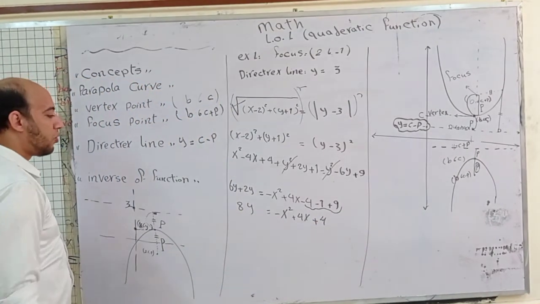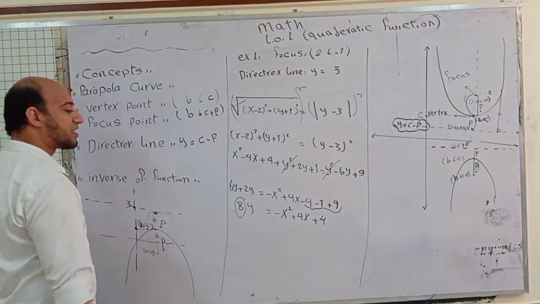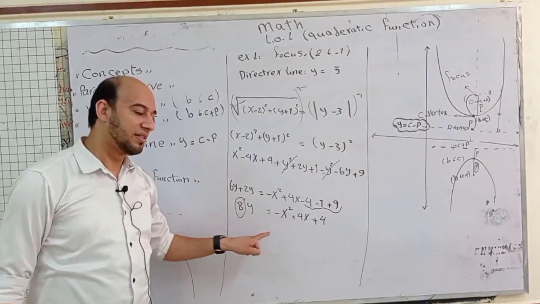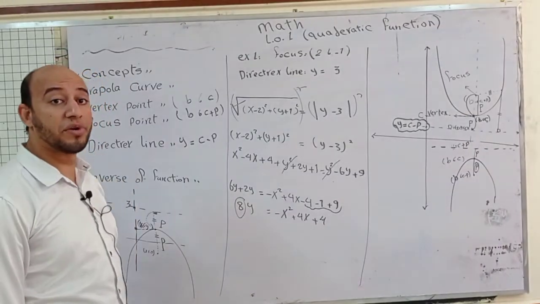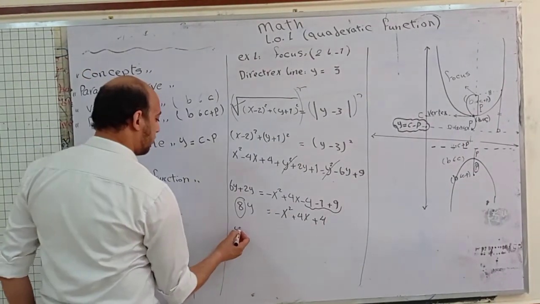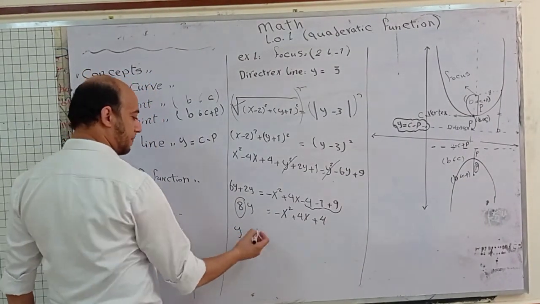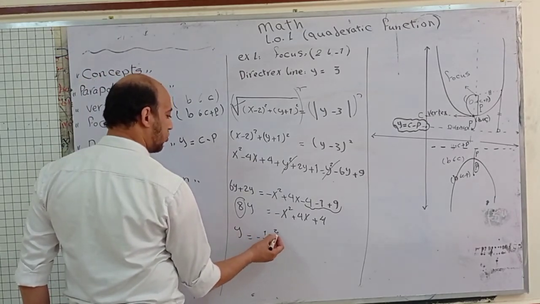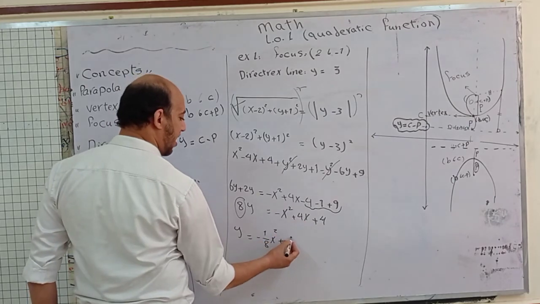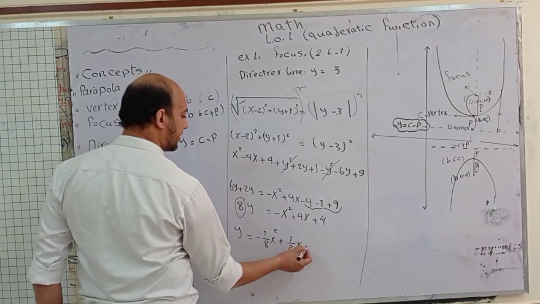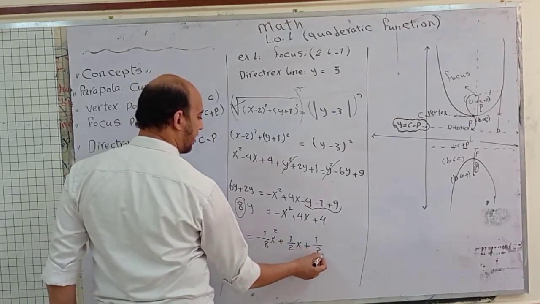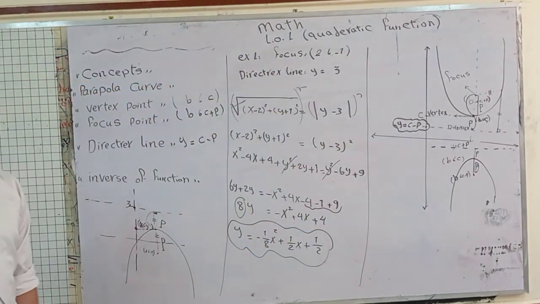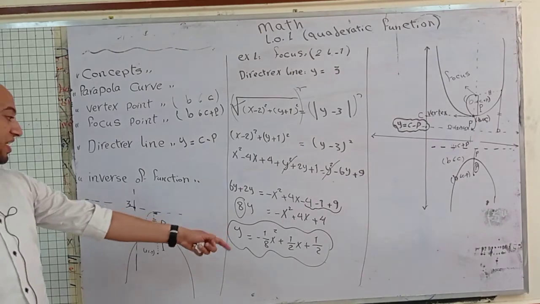Now we get rid of the 8 by dividing the whole equation by 8. Then y equals minus 1/8 x squared plus half x plus half.